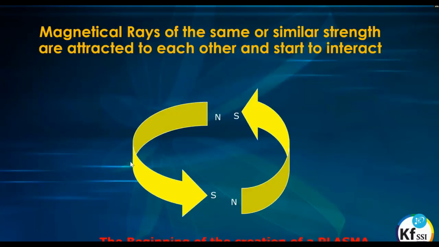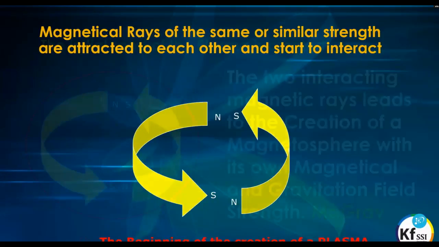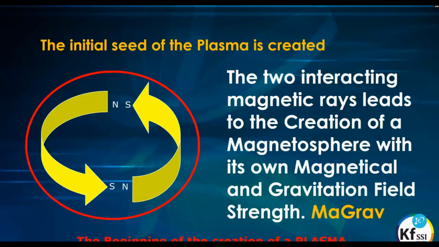Because if one views these magnetic rays as tiny little elongated magnets that can come together and start interacting and creating that dynamic interaction between the two. So in essence, we have the initial seed of that plasma that's created.